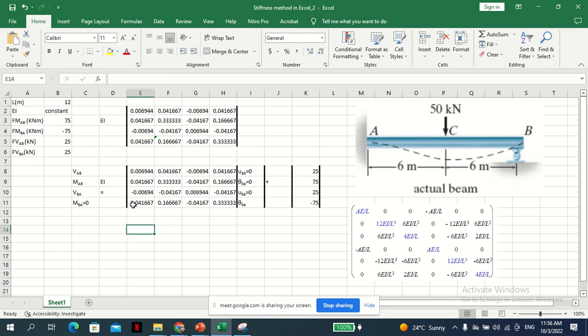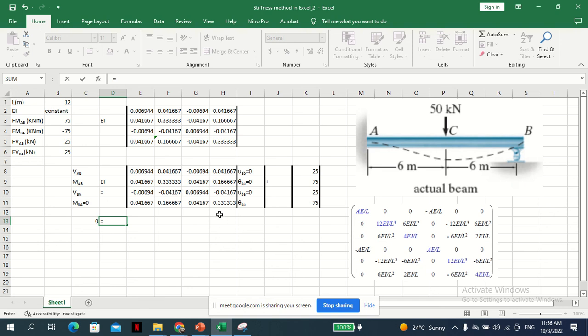this very easy for us, because this MBA, so we can say MBA is 0 equals, which equals, so this times that is 0, this times that is 0, this times that is 0.